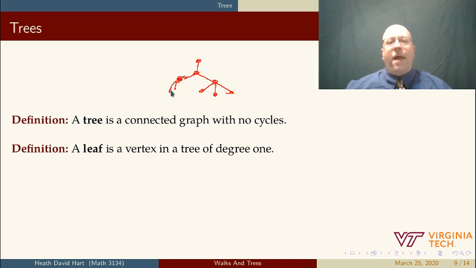It looks like parents that have child nodes, but because there's a hierarchy of parent to child nodes and a child never loops back up, we never have any cycles. Any connected graph with no cycles can be arranged in a tree structure. And a leaf is a vertex in a tree that has degree 1.